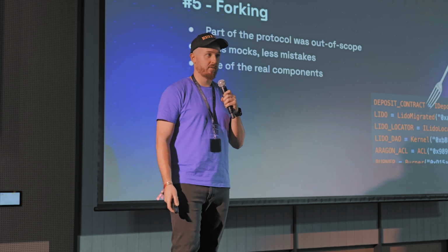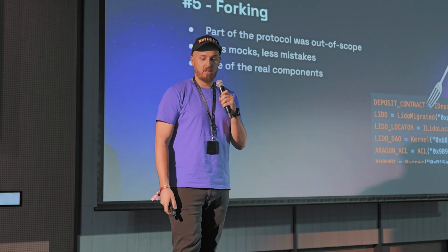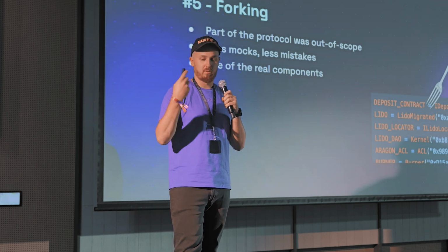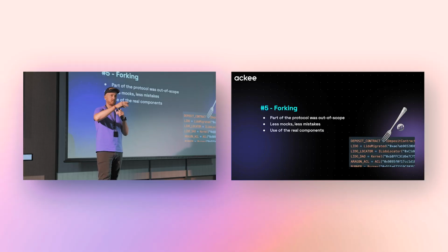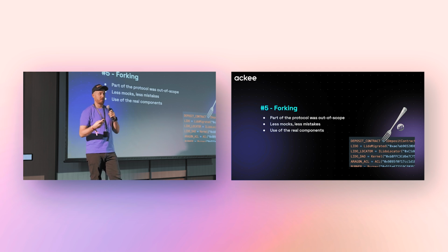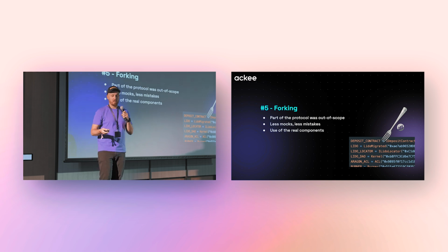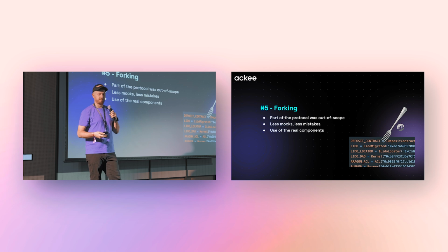Then we have forking, which is a very powerful thing. For example, in the staking router part, we had just a few contracts updated, and the rest of them were out of scope, but we had to use them for our tests. We could deploy them manually, or create some simplified versions of them, or we can fork them.